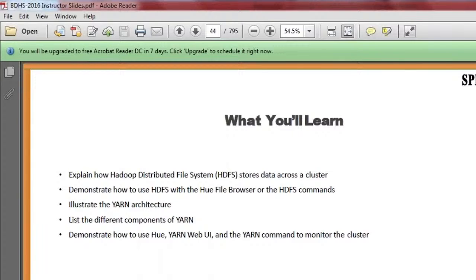Let me give you a little background. Hadoop so far has gone through two major releases, Hadoop 1 and Hadoop 2.